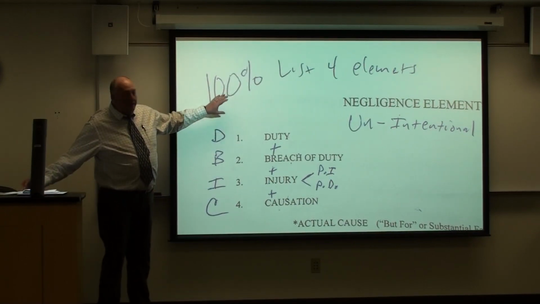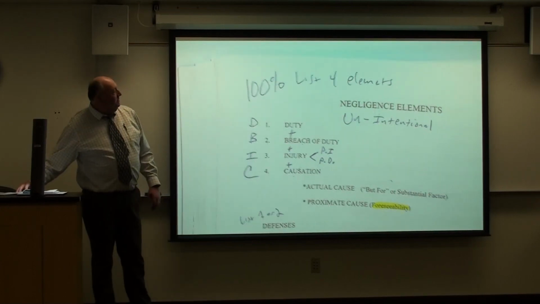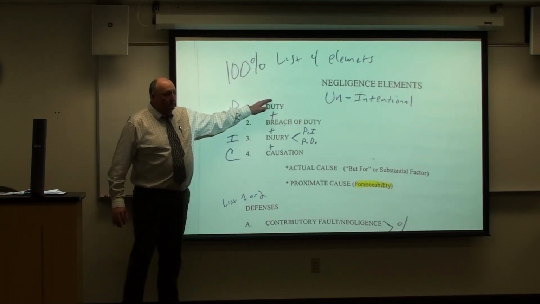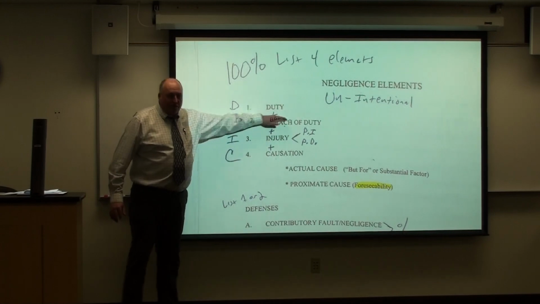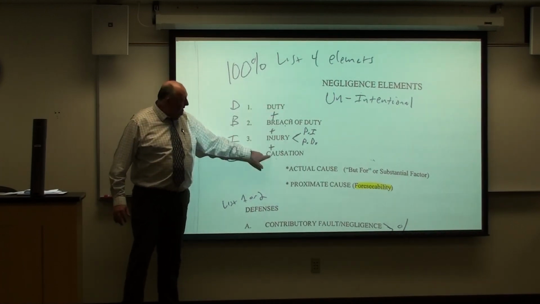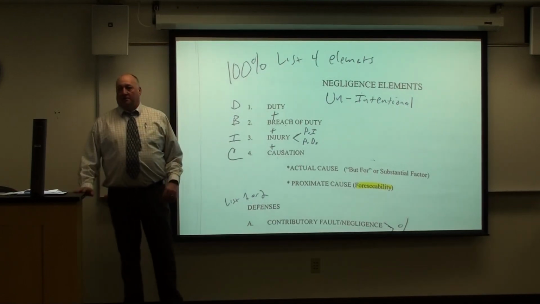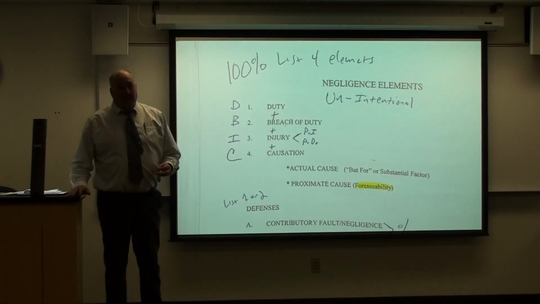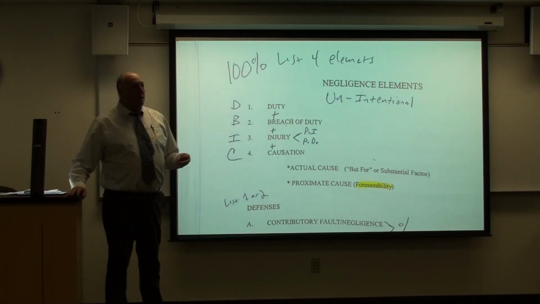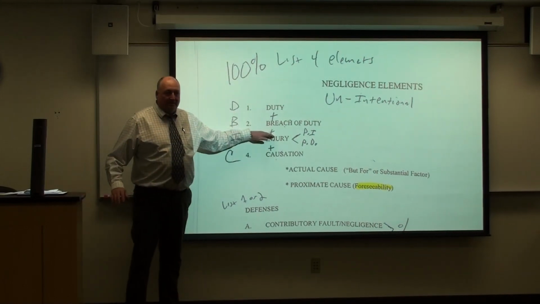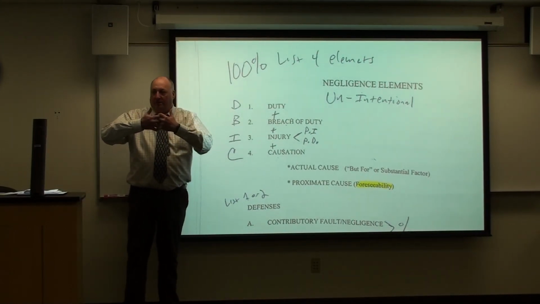100%, what are the 4 elements of negligence? Duty, a breach of that duty that causes an injury. That's why I have plus signs. So, in order for there to be negligence, you must have all 4 of these elements. They must all interlink with each other.